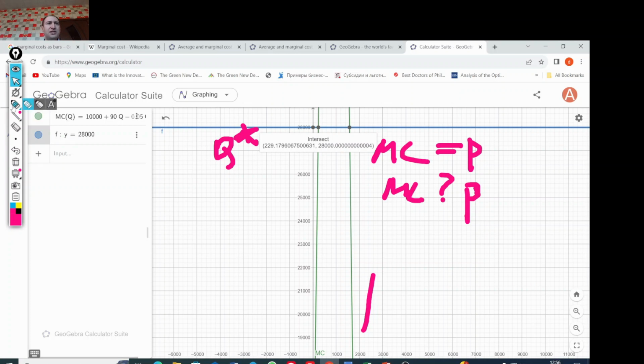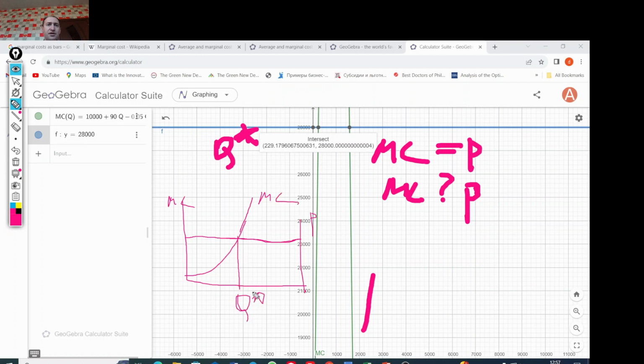In a simple case, let me draw a simple case just to make it more visual. We have some marginal cost curve, right? Here we have marginal cost plotted. Here we have the price line, prices on the market, and where the price line originating according to the market situation intersects. It's a straight line. Okay, I just cannot draw it straight with the mouse. But where that line will intersect the marginal cost curve of your production process, that will be your optimal production quantity.